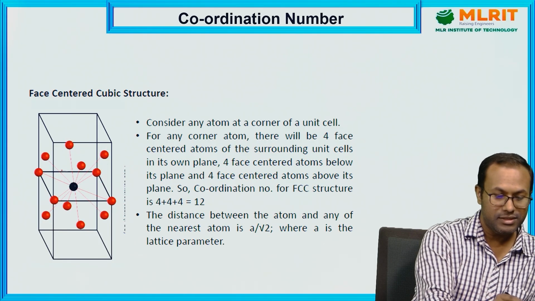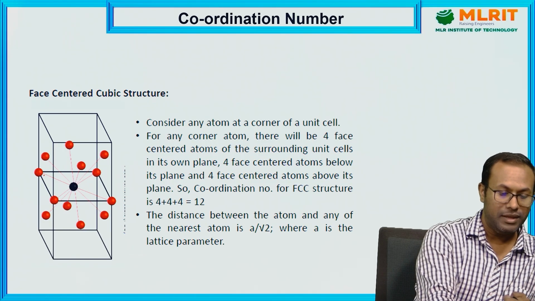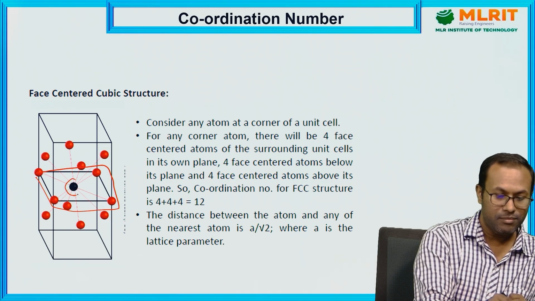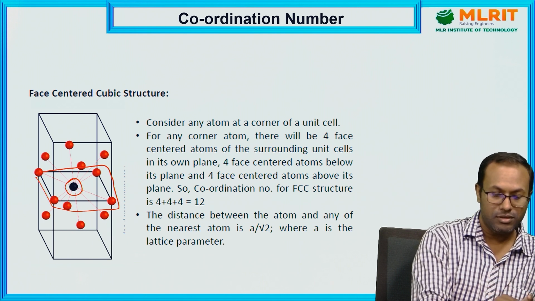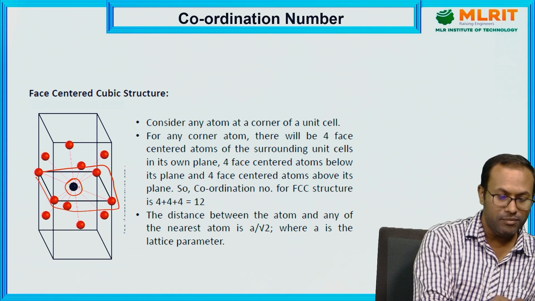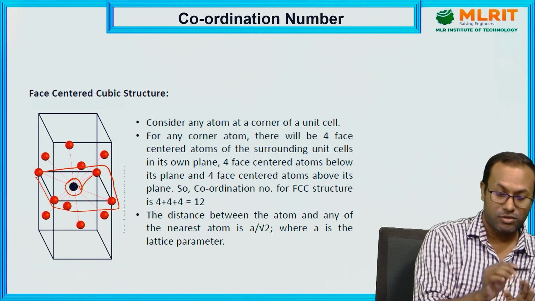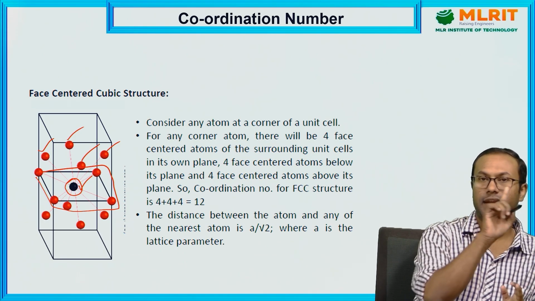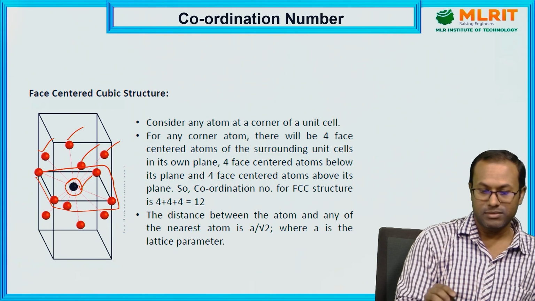Suppose there is a two-cube FCC structure with a common plane, and the black one is one of the atoms on the face common to the two blocks. From this, there are 4 side wall atoms for the top block, 1, 2, 3, 4.